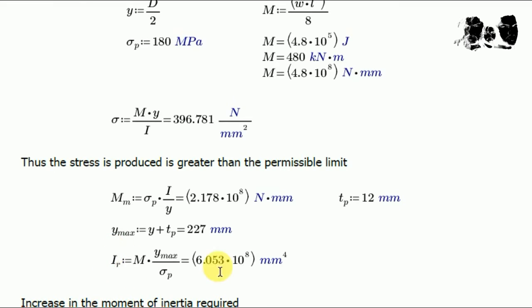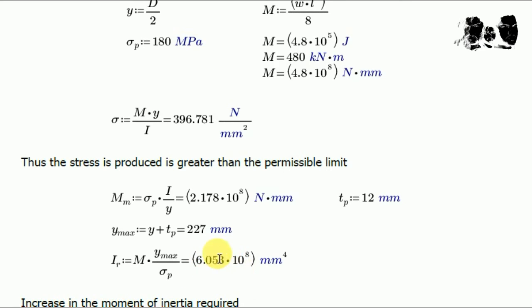Again, I am repeating, we know that the beam cannot handle greater than this stress, but the load generates this much moment. So by comparing these two, we need to find the moment of inertia of a section, which is this.